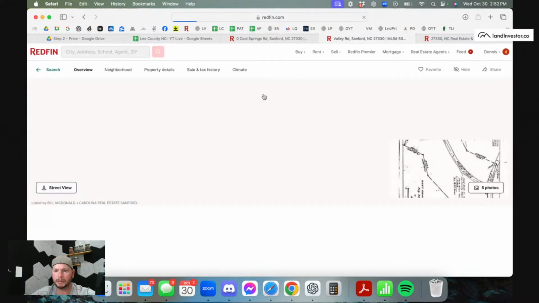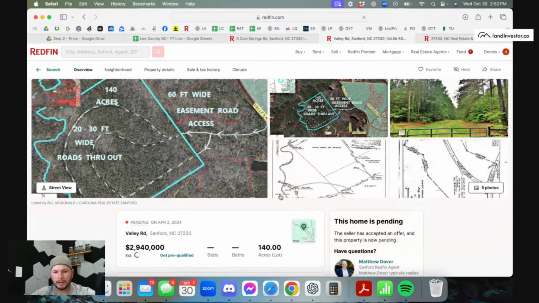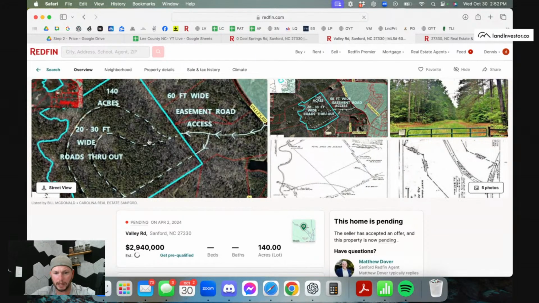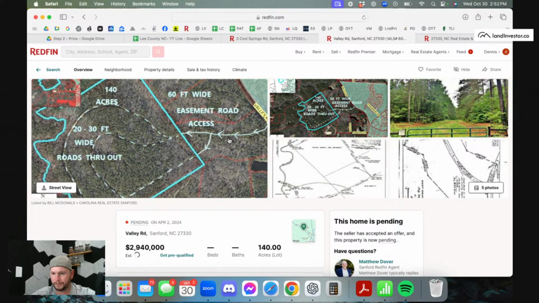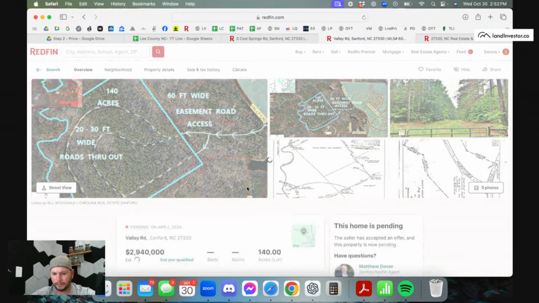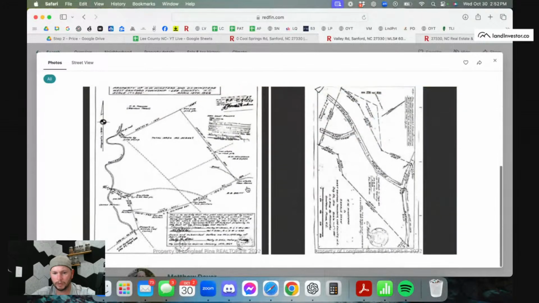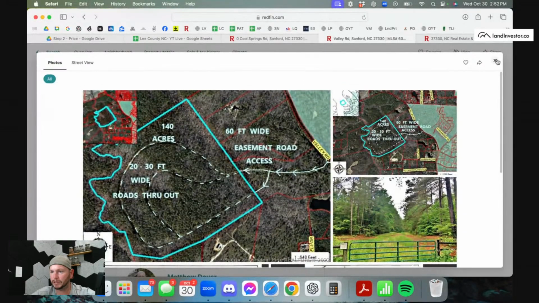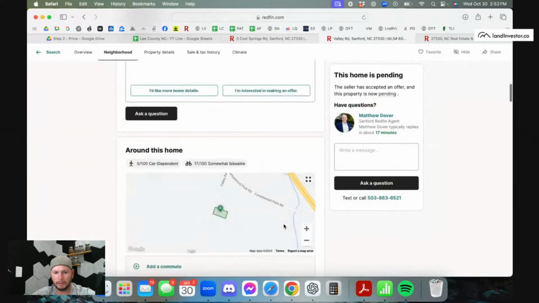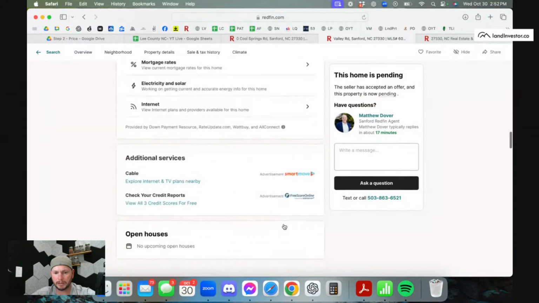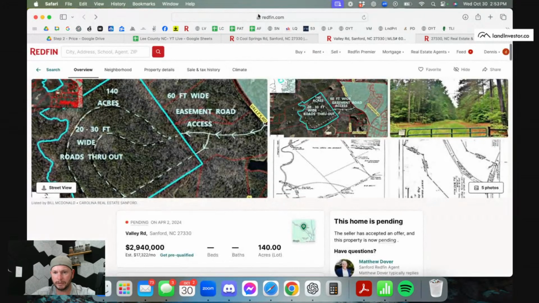This one is under contract. Now this, I don't know why it's under contract. They must have accepted a super low offer, or somebody just put an option on it to try to do something with it. But it's a terrible access property, to be honest with you. So I'm going to remove those two.